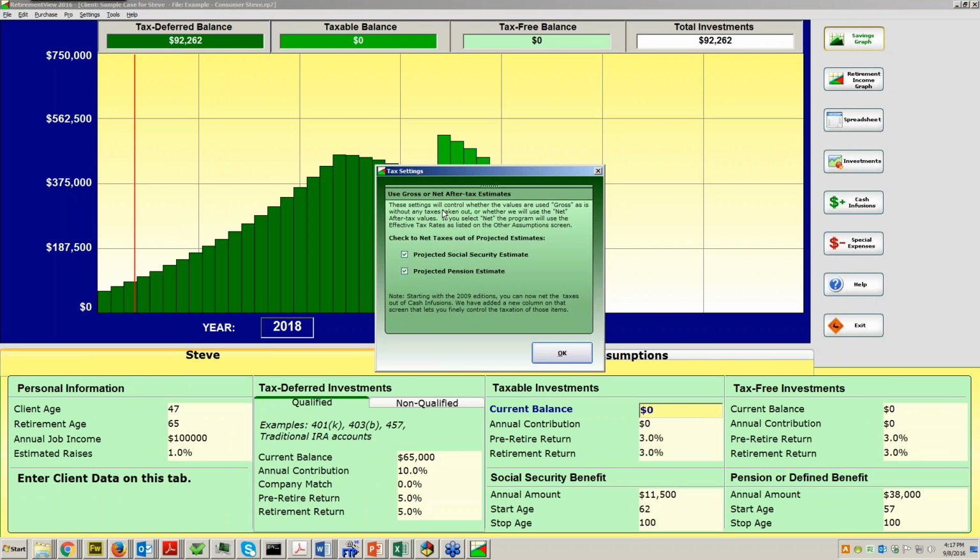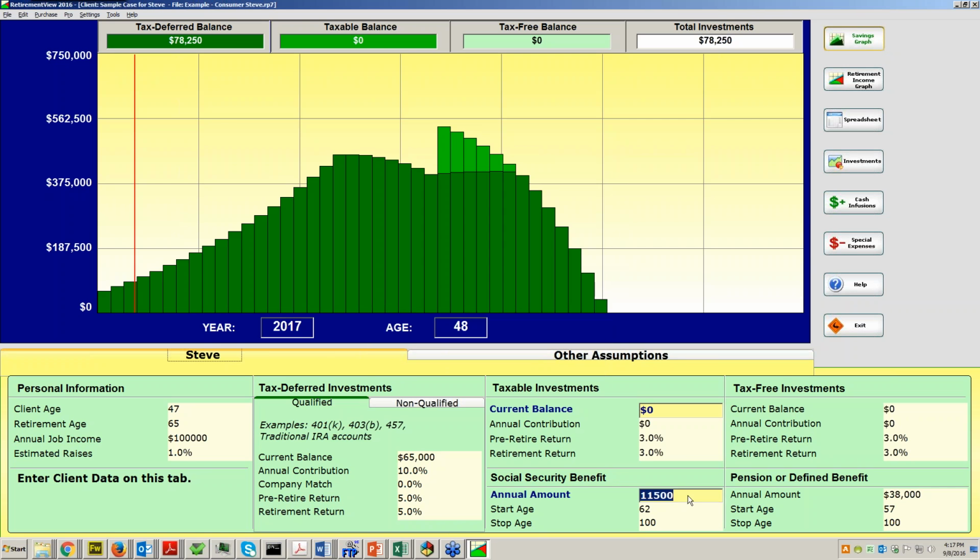So if we have both of these boxes checked under taxes, then both the Social Security and the pensions are entered as gross numbers, and the tax rates are netted out of them. However, if you know your net amount, which I don't really know how anyone would know that because it's usually a part of your overall financial picture, then you could uncheck these and just enter exact amounts.